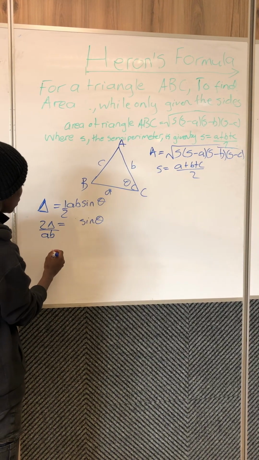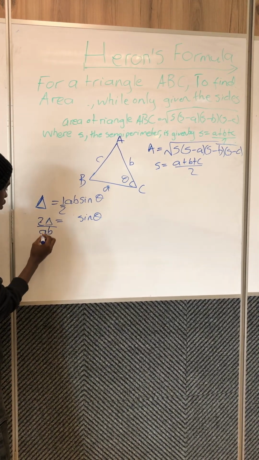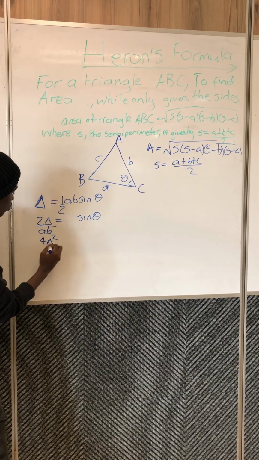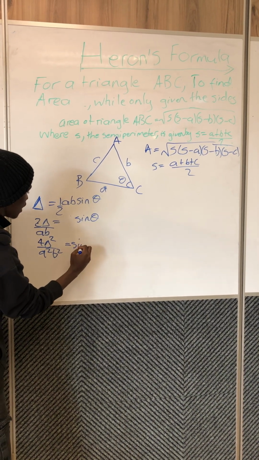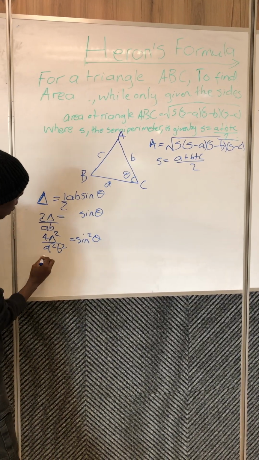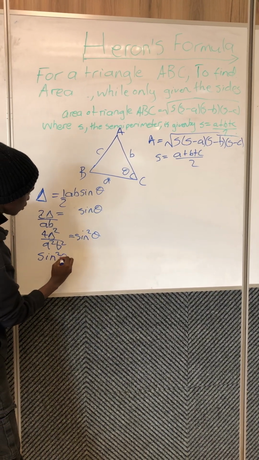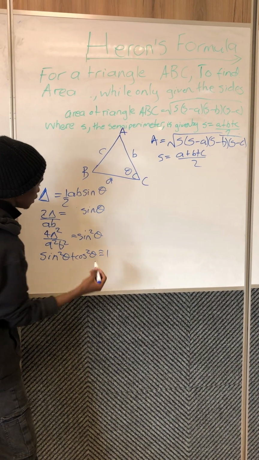From this equation, we can square it so that we have 2 squared, which is 4 delta squared divided by A squared B squared, is equal to sine squared theta. And by the Pythagorean identity, we know that sine squared theta plus cos squared theta is identical to 1.